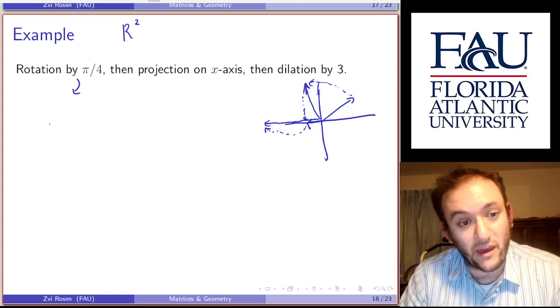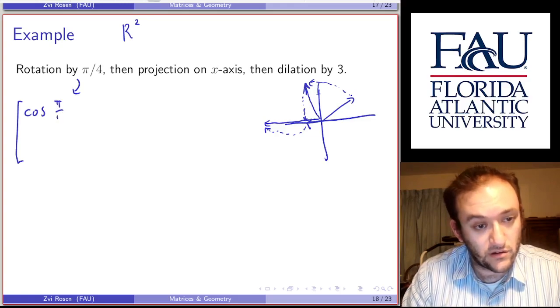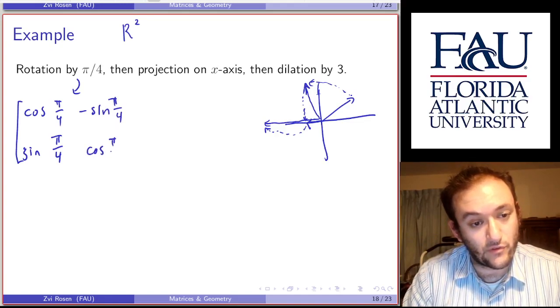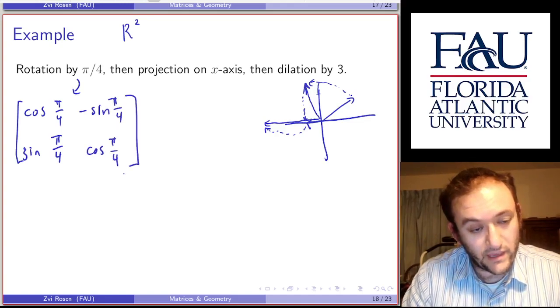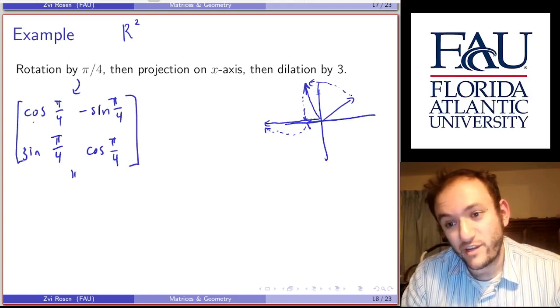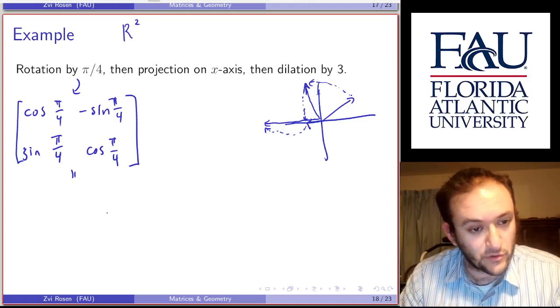So rotation by pi over 4, we know that rotation has the formula cosine theta, in this case pi over 4, sine pi over 4, minus sine pi over 4, cosine pi over 4. Okay, and if remembering your trigonometry, cosine and sine of pi over 4 are both 1 over square root of 2, or square root of 2 over 2, whatever you prefer.